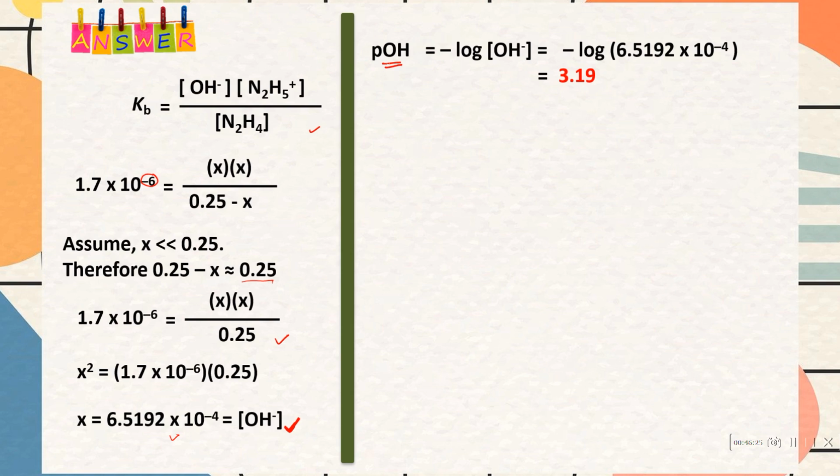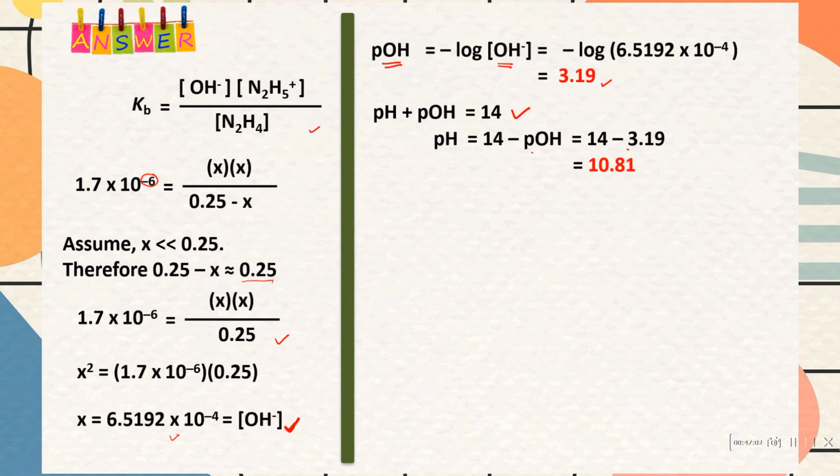Calculate pOH using the formula negative log concentration of OH-. Then you get a pOH value of 3.19. Next, use the formula pH plus pOH equals 14. Substitute the value of pOH, 3.19, then you get the pH value.